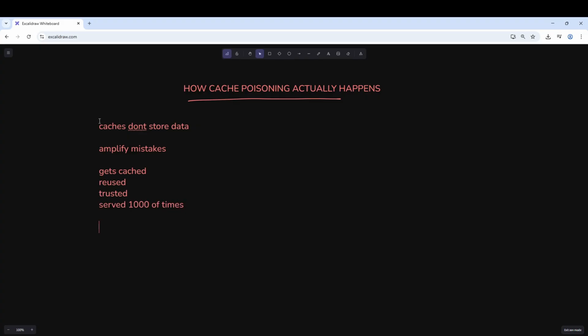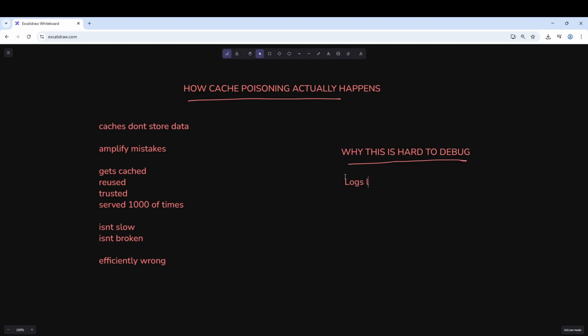The cache isn't slow. The cache isn't broken. The cache is efficiently wrong. And that's terrifying.